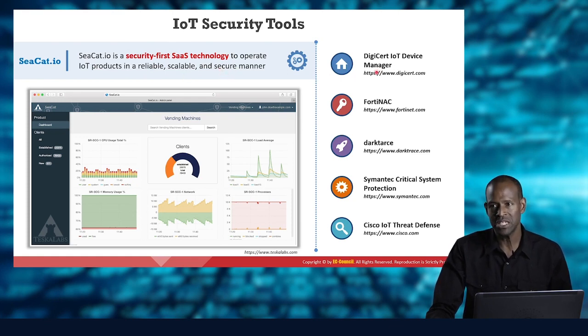We have DigiCert IoT Device Manager, Fortinet, Darktrace, Symantec Critical System Protection, Cisco IoT Threat Defense, and I will also offer to you that both in AWS and Azure, they have very good cloud-based solutions for managing and searching for vulnerabilities in your IoT devices.